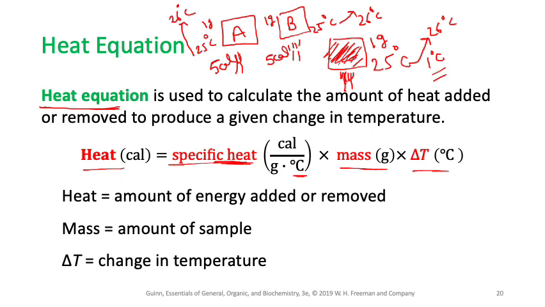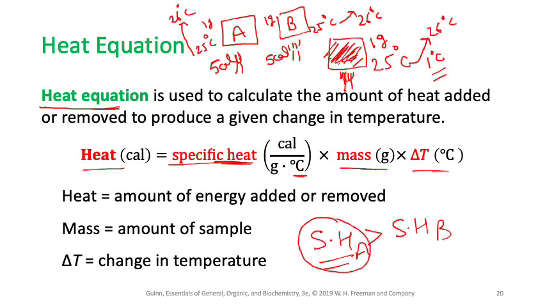Remember this: if the specific heat of any matter is bigger compared to the specific heat of another matter, that means you need more energy before the temperature of this matter is going to change.